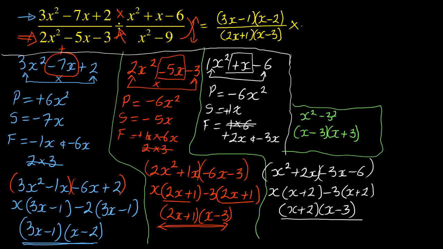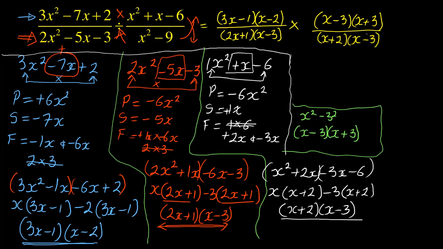Remember I said I'm changing a division to a multiplication, so the top becomes the bottom, which means the bottom now becomes the top. It's x minus 3 now going on top, x plus 3 all over. Now the one which was on top, now it's x plus 2 and x minus 3.